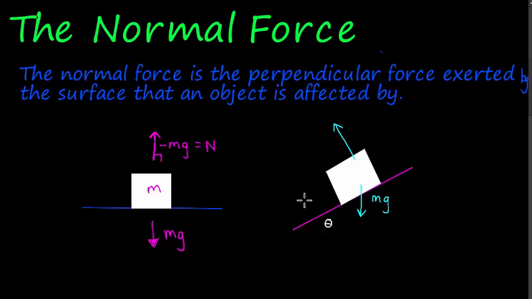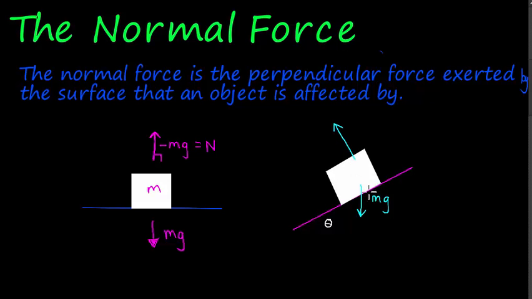And this object is probably sliding down in that direction. Let's say this was a frictionless surface, then it's obviously sliding down in this direction. So the net force is in that direction, because the net force is always in the direction of acceleration.